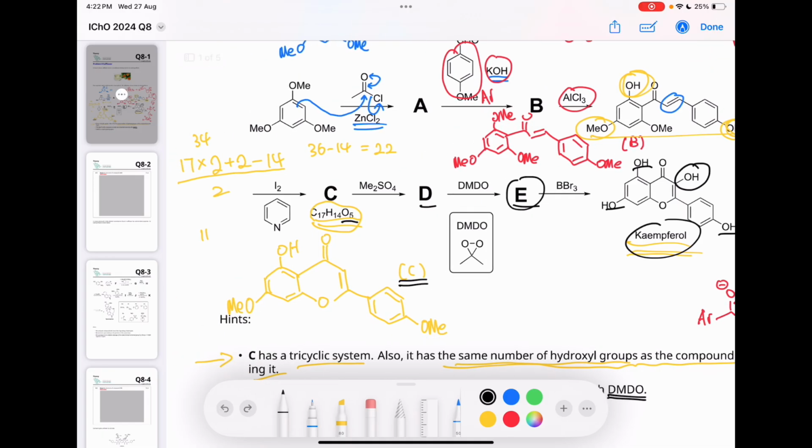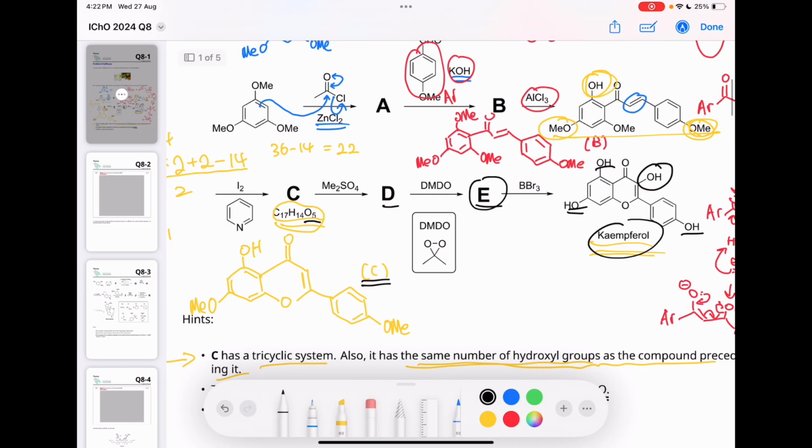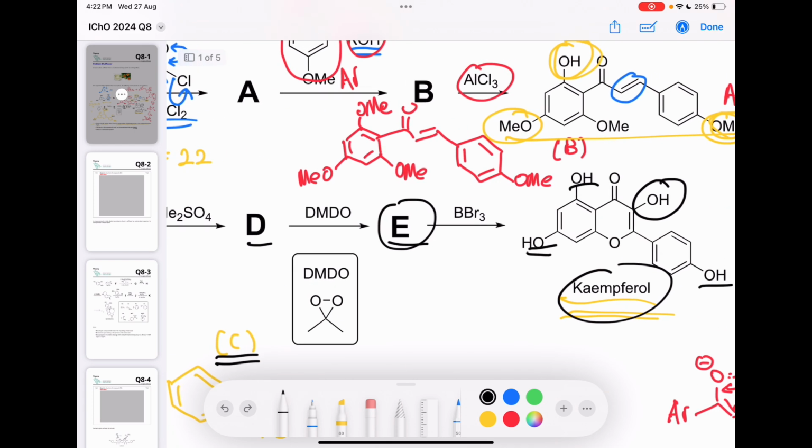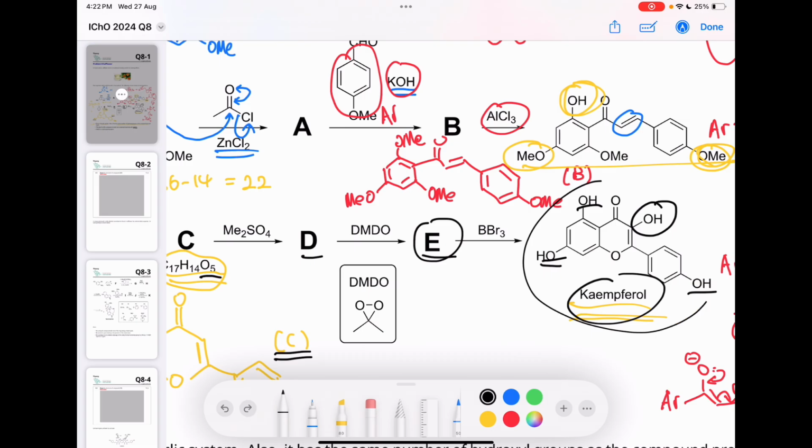So something must have happened to deprotect these oxygens to return them to hydroxyl groups. What did that job is probably BBr3. Because of that, we can deduce the structure of E. So the structure of E is probably this final product, but with methyl groups instead of hydrogens.